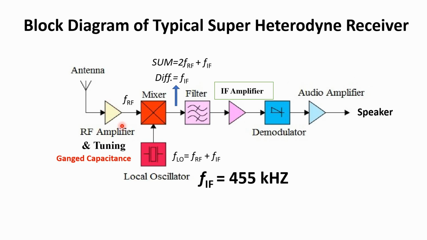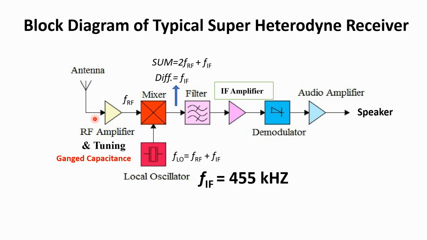So here the RF section is designed to allow only the desired RF signal while rejecting image frequency components, right? So this way, this superheterodyne receiver is designed in such a way that it is going to produce the IF frequency component after the mixer, right?